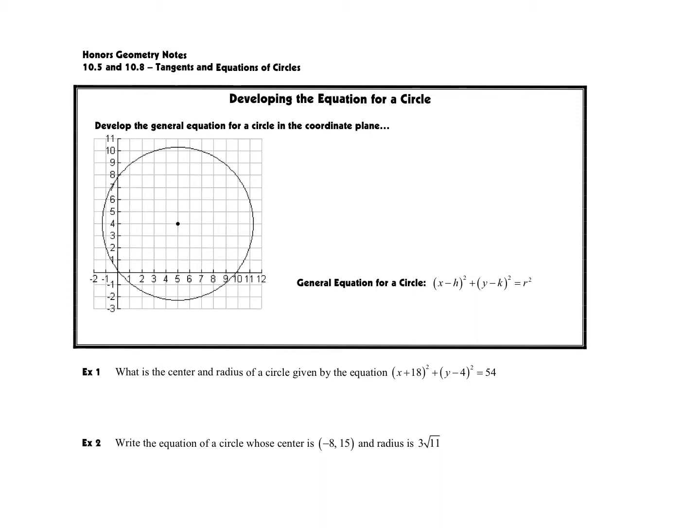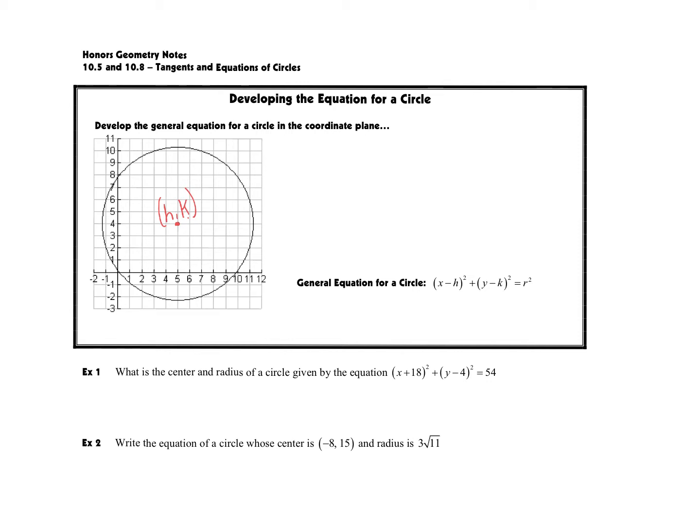All right, we are looking at the notes for the equation of a circle. We're going to start by looking at the center of the circle, for which we use the variables h and k, with h denoting the horizontal movement from the origin and k representing the vertical movement from the origin.